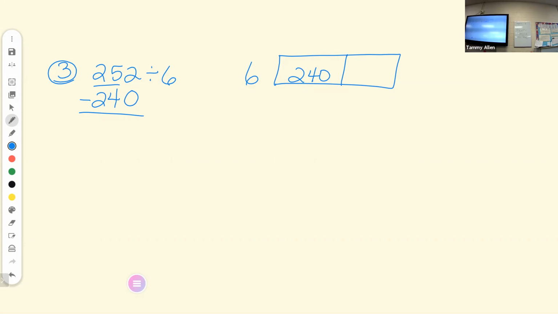We subtract, we get 12. Is 12 a multiple of 6? Yes. Okay. 240 divided by 6 is 40. 12 divided by 6 is 2.